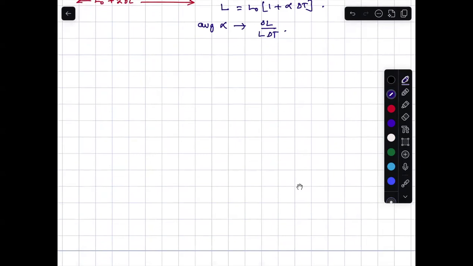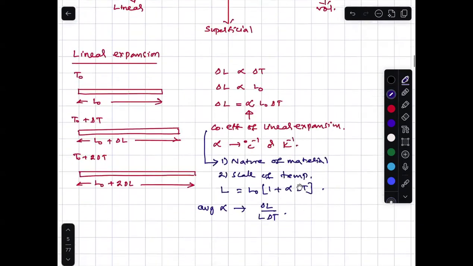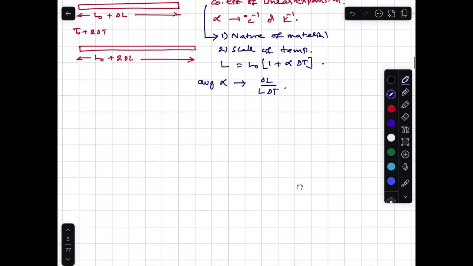Next, similarly, what I have dealt with right now is linear expansion. Superficial expansion, what you have is the same.